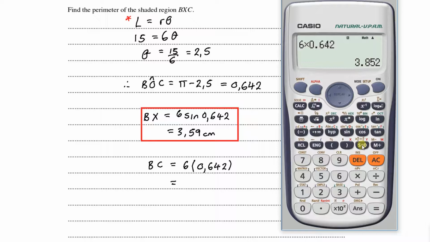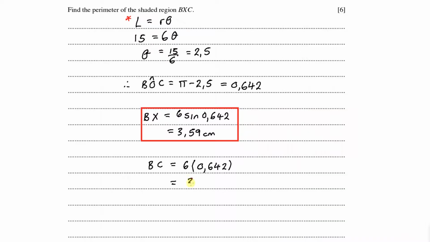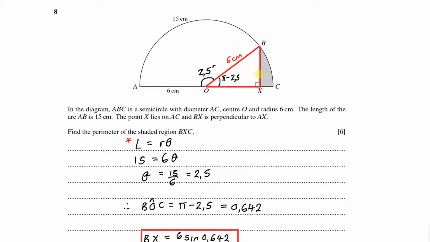So that's 3.85 for us. So this is BC. I'll highlight it. So we now have BX and we have BC. We're now left with the small part XC to complete the perimeter of the shaded region.